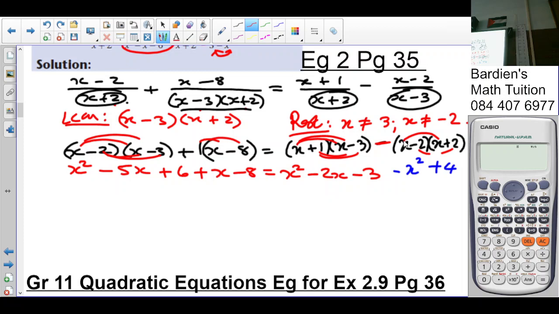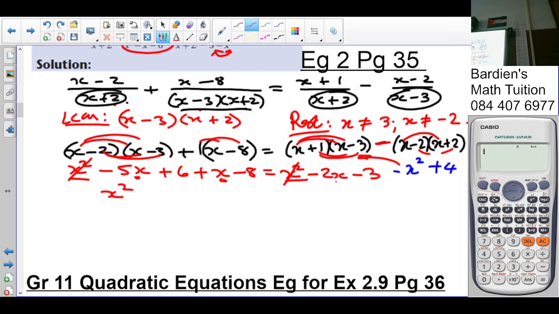Okay. So what do I do now? Like terms. So what is x squared minus x squared? 0. So that cancels. And I bring that over, it becomes x squared. You all okay with that? What is negative 5x plus x? Negative 4x.